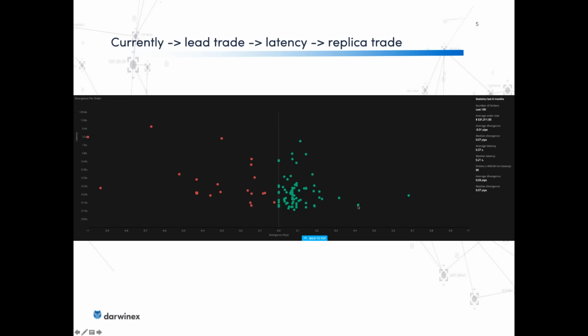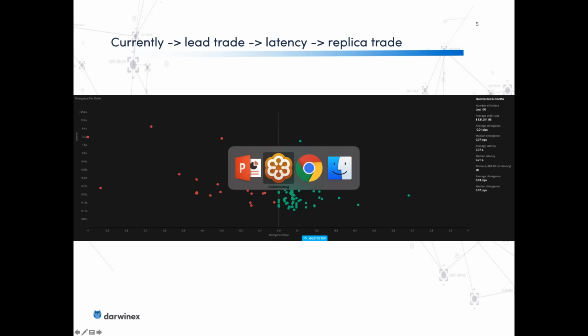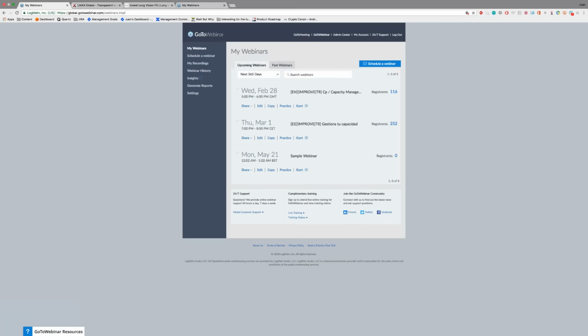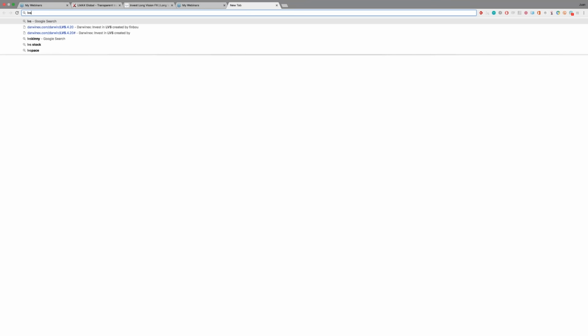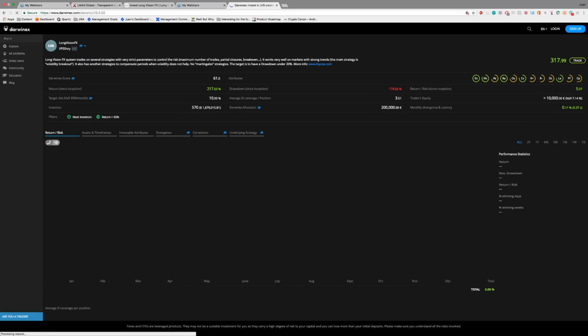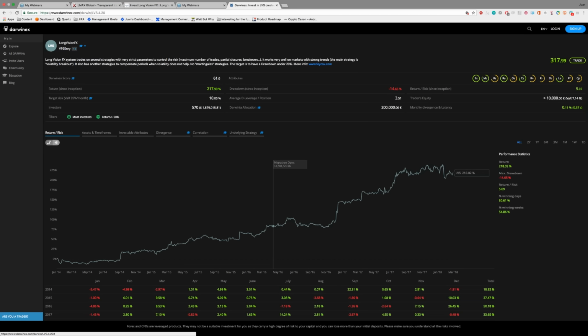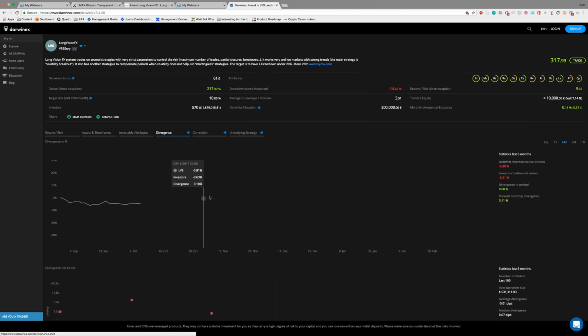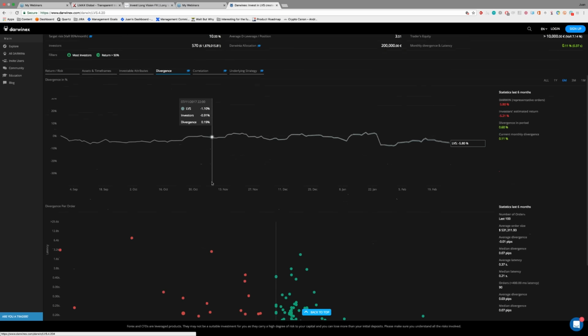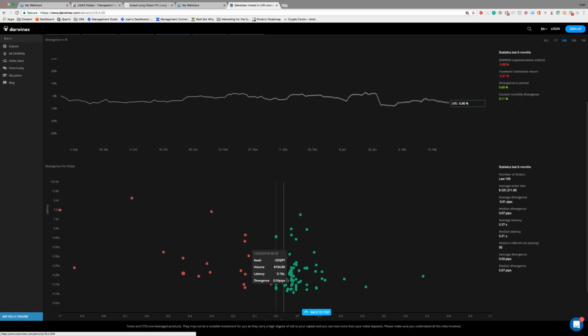And the trade was completely filled something like 100 milliseconds, as you can see here, after the trader. Okay, so if you're not familiar with this bit, you can find it on any given Darwin. When you go in there, you go to the Divergence tab, and at the bottom you would see the plot that we're seeing.